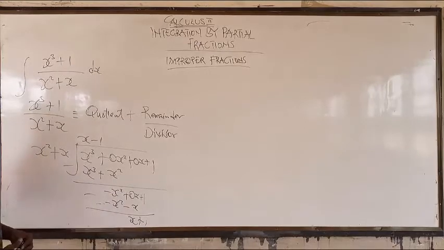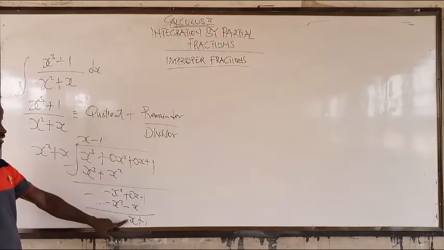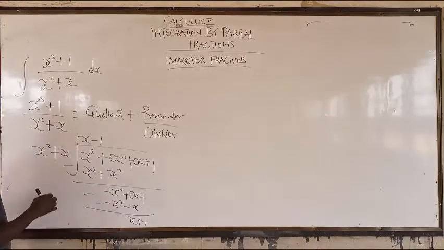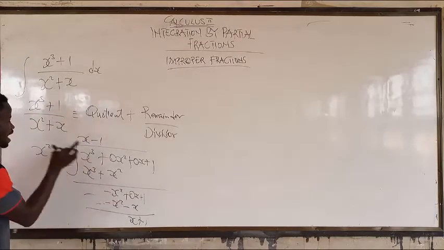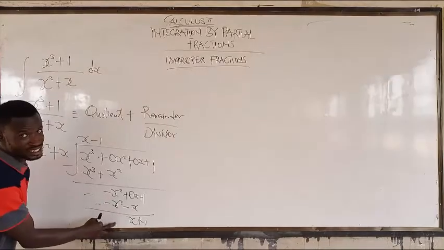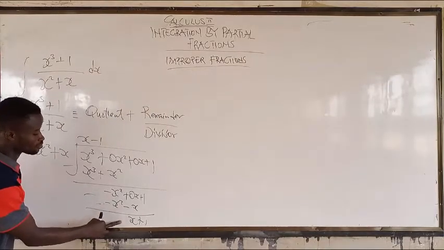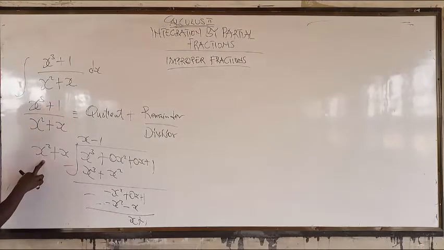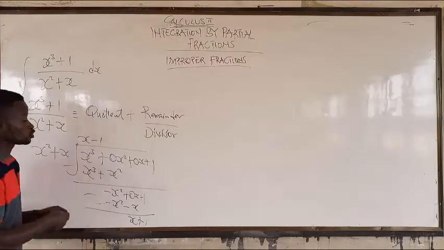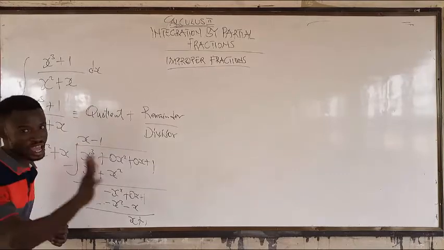So that means that now you can see this can be divided by this. When you divide by this, you get a proper fraction. So because of that, then you end it.